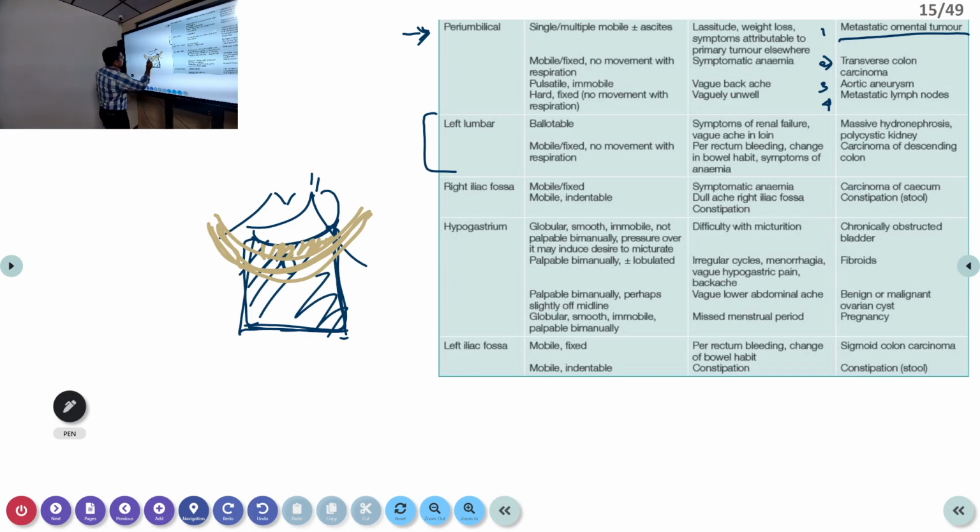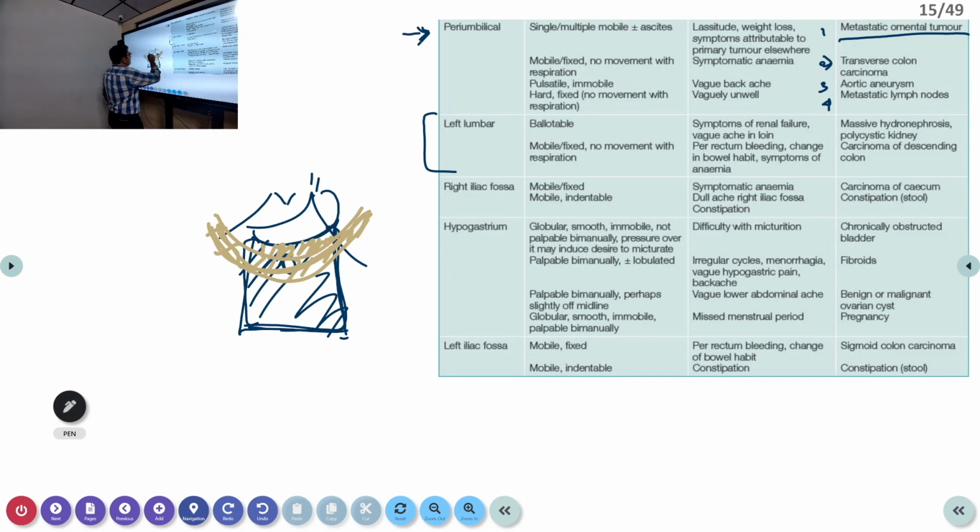Any tumor of the transverse colon will be freely mobile, as well as omental tumors, because it is a large area. Horizontally as well as vertically, they will be freely mobile. Those are the characteristic features.